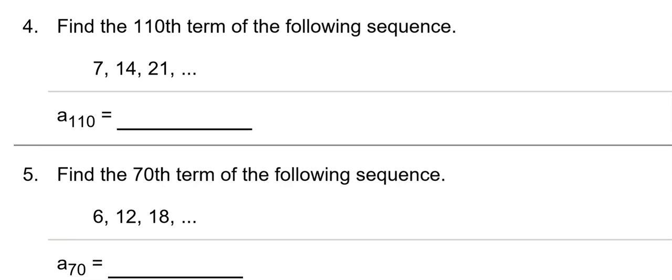So let's see. Can you tell me what the next term is? The fourth, 28, right? How about the one after that? 35, 42, right? 49. If you're into football, maybe this is easy for you. Like 56, 63, 70, that kind of stuff. How many of you want to keep doing that until you get to the 110th term? I hope none of you.